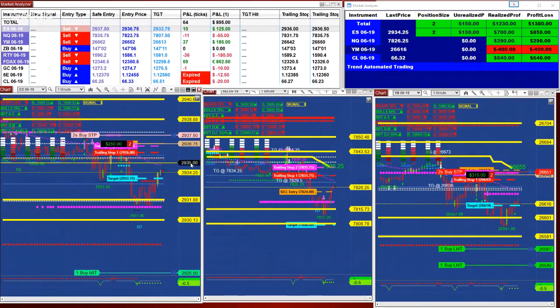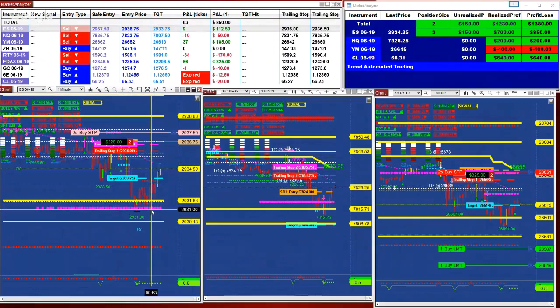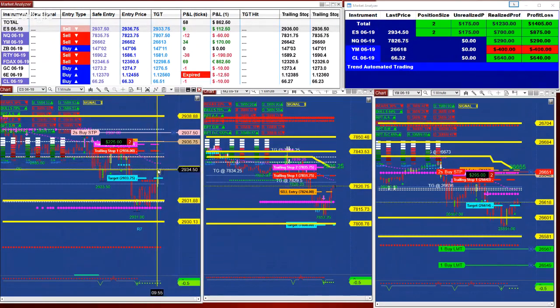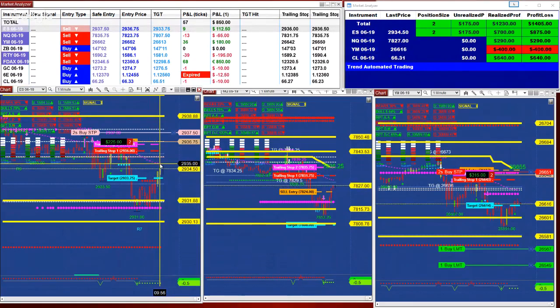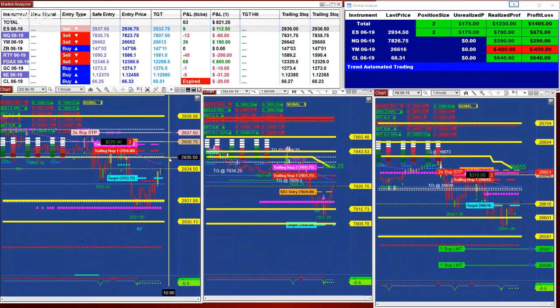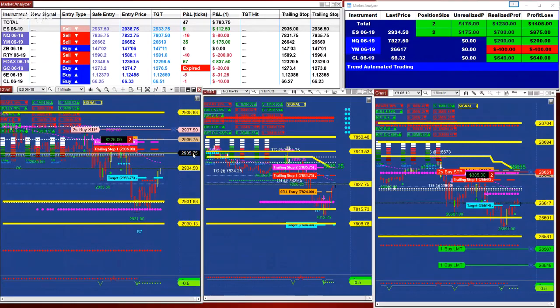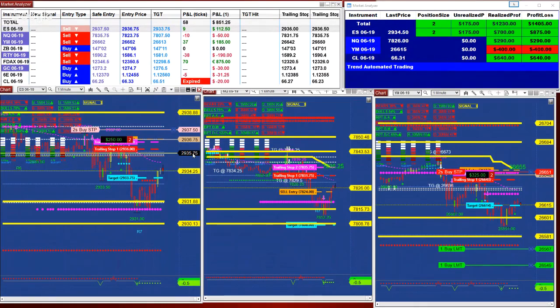I think the ES is going to go back and test the 31 level. We are at the critical area here at the 35 level, and there is a resistance at 35.50. So we're going to watch this ES a bit close and see the impact on that market at the moment.